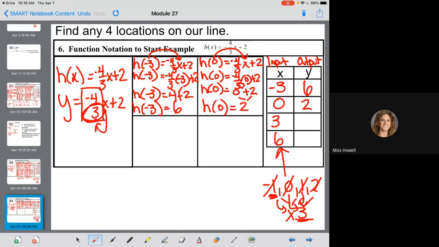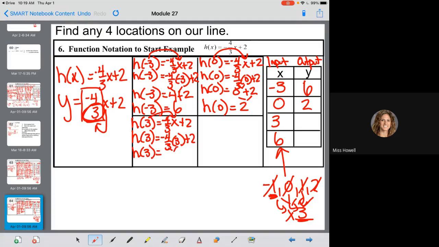All right, what's our function of h of 3 when our linear relationship can be described as -4/3 x plus 2? All right, we're taking this 3 and substituting it in. H of 3 equals -4/3 times 3 plus 2. Remember, this side, h of 3, there's no math to do there. That's not multiply.